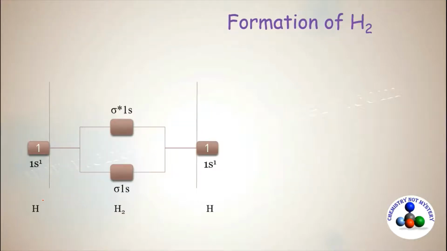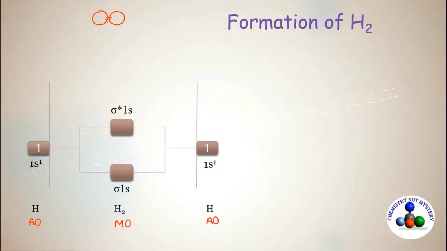So let's discuss the formation of the H2 molecule according to molecular orbital theory. Here, this represents the atomic orbital of one hydrogen atom and this represents the atomic orbital of another hydrogen atom, and at the center these are the molecular orbitals of the H2 molecule. As we just discussed, an s orbital can overlap with an s orbital head-on.